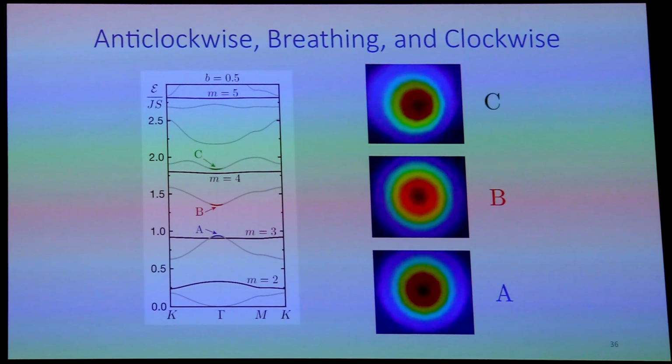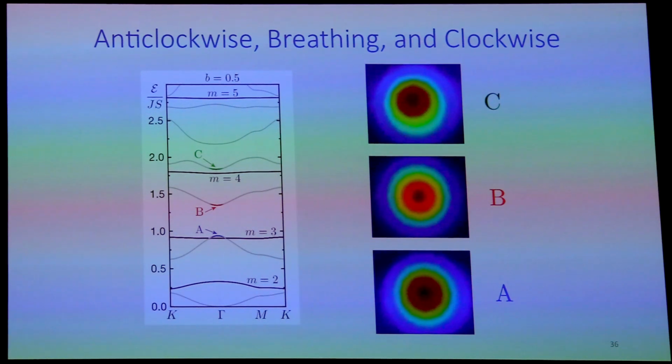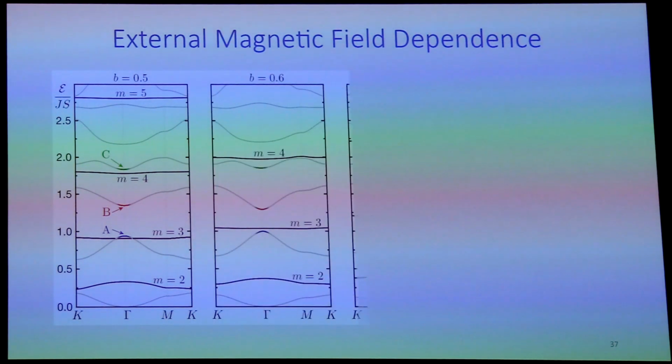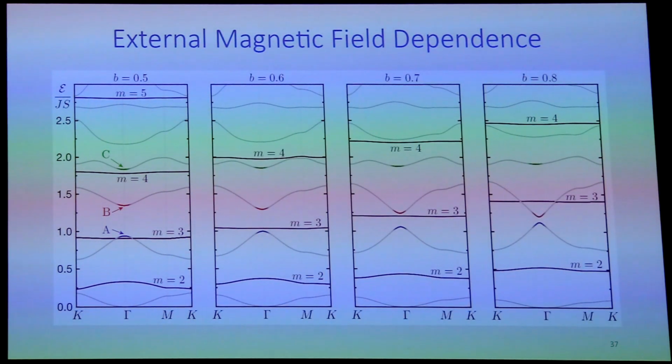What I want to point out about these is that if we now study what happens as a function of the magnetic field, when you increase the magnetic field and you track what happens to each of those modes, this is the picture that emerges. So those nearly flat bands that I discussed are shifted upward in energy.